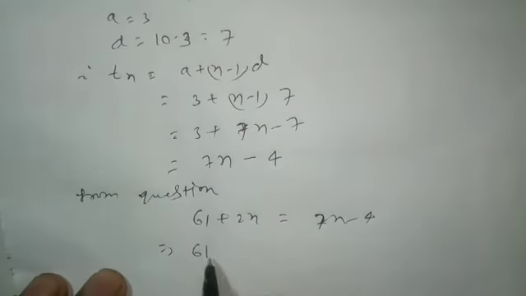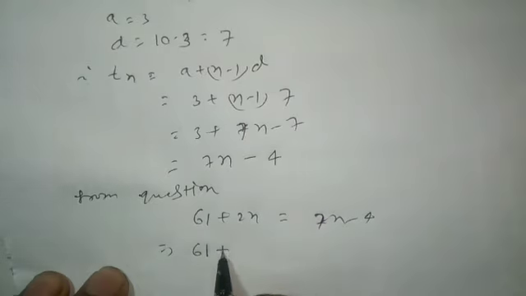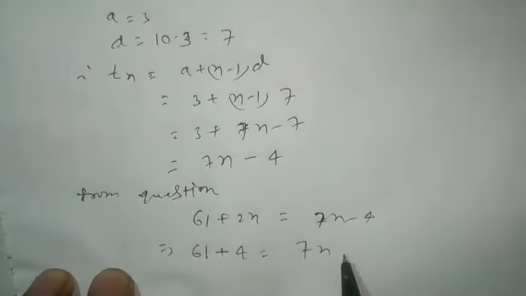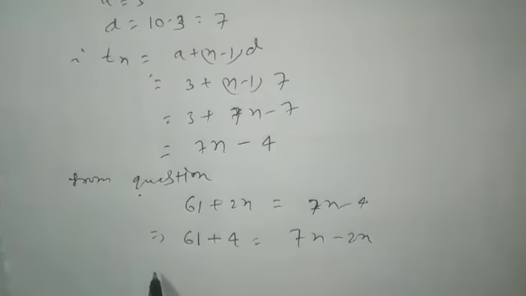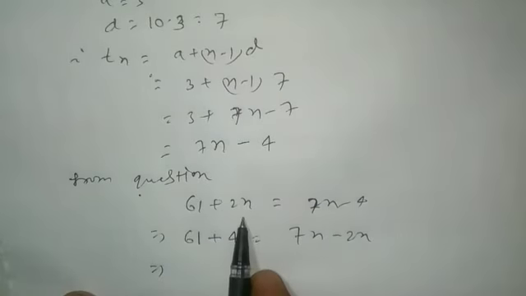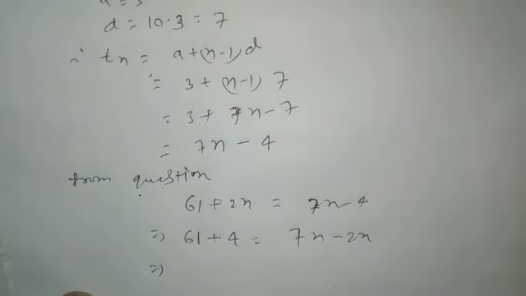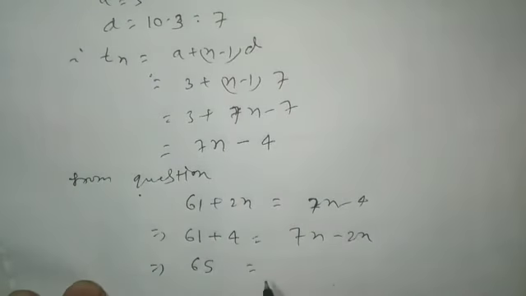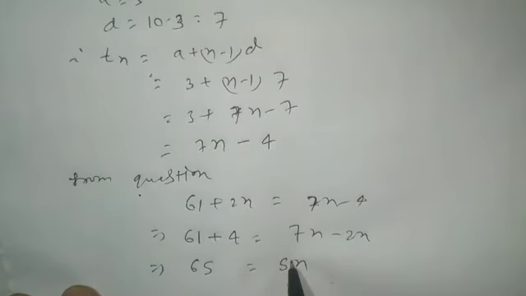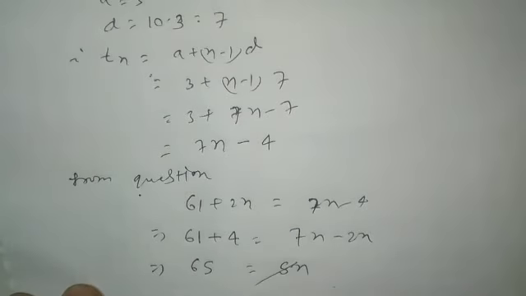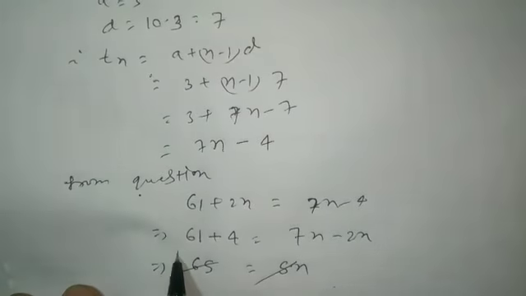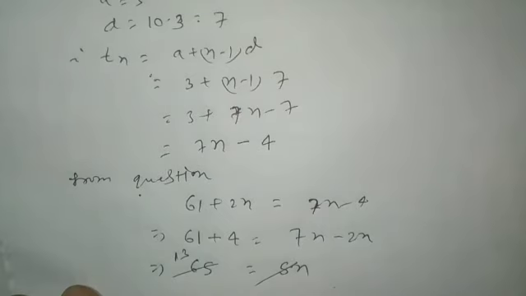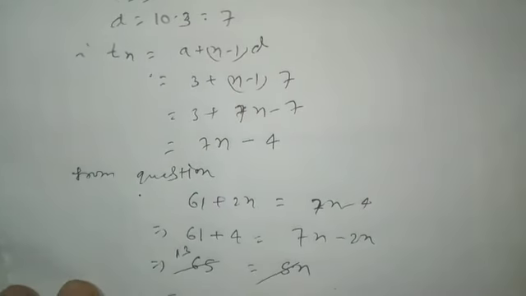Implies 61 plus 4 is equal to 7n minus 2n, 65 is equal to 5n. We divide 65 by 5, then we get 5 1 are 5, 5 3 are 15, implies n is equal to 13.